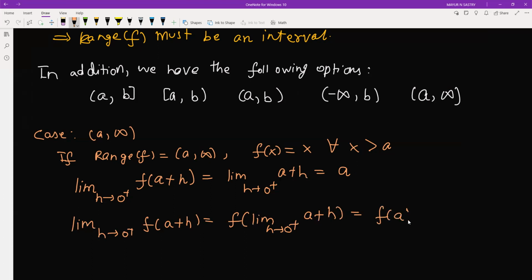So this demonstrates equality. f of a must be equal to a, which means that a belongs to the range of f. But that is a contradiction because we assumed that the range of f is open a comma infinity. So the range of f cannot be open a comma infinity. Similarly, none of the other cases over here are possible, and therefore the range of f must be one of the forms mentioned in part B.